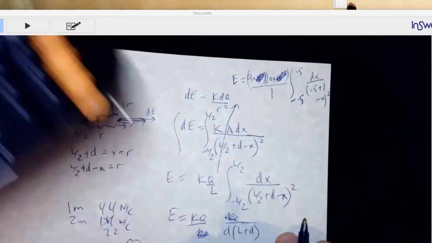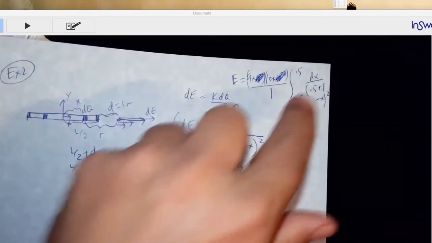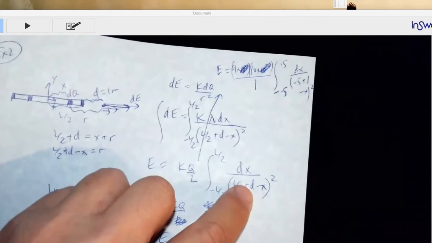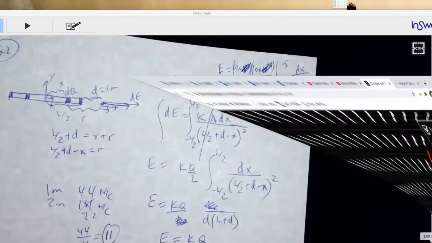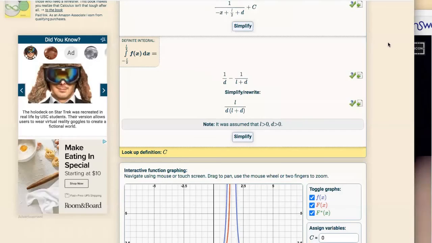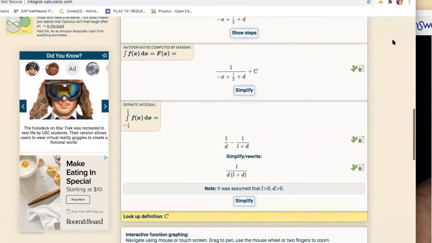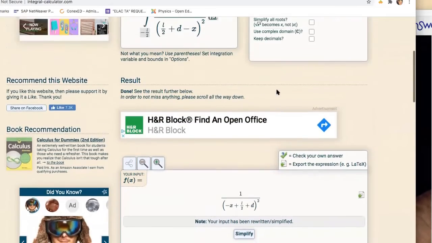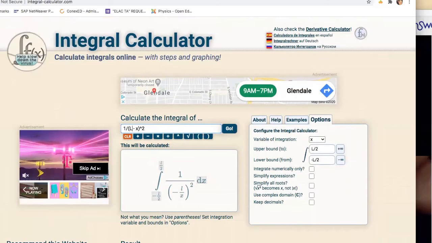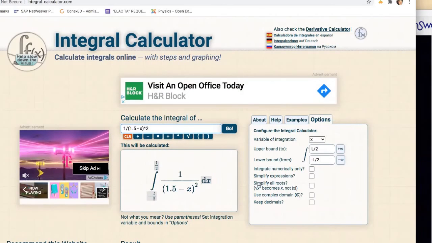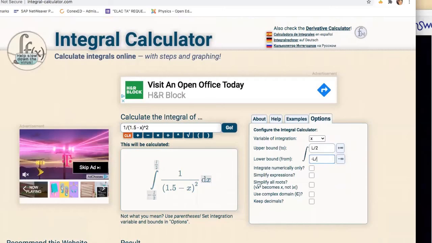Let's see here. Oh, I would have to integrate that first. So half plus 1 gives me 1.5, right? So I would put here the integral of 1.5 minus x squared, from minus half to half.